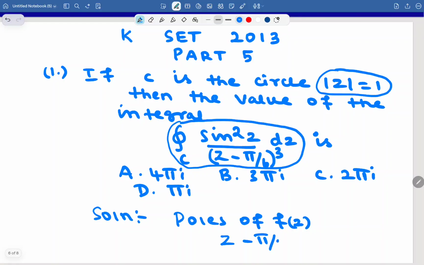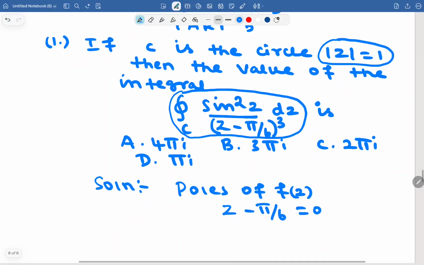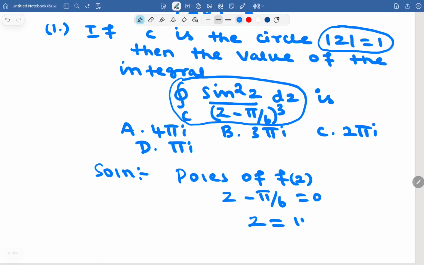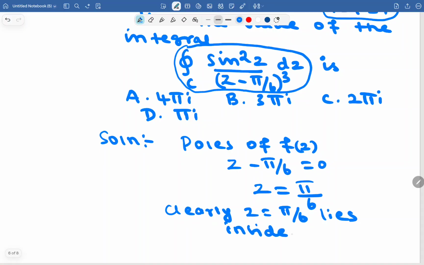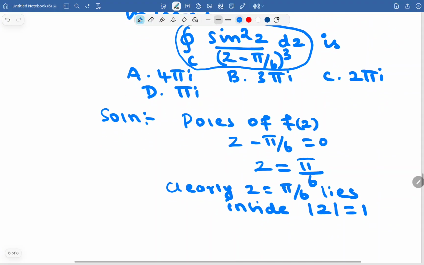Z minus pi by 6 equal to 0, Z equal to pi by 6. Clearly Z equal to pi by 6 lies inside mod Z equal to 1.